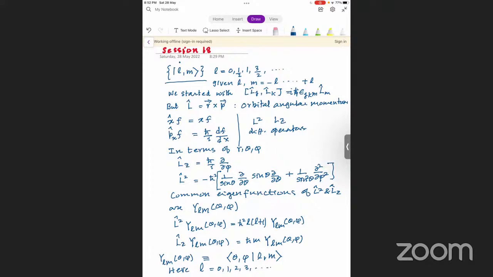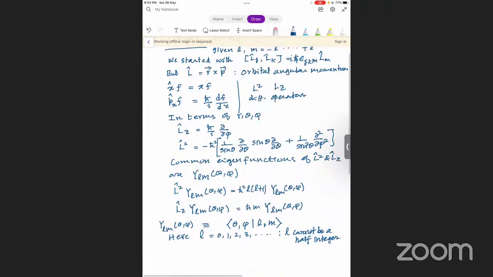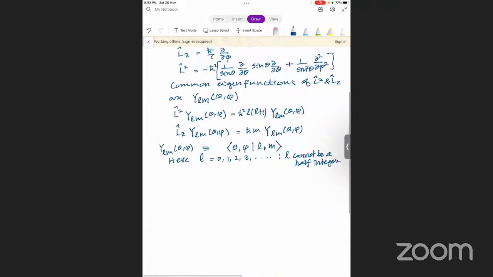Okay, so here L cannot be a half integer, whereas here we have got both half integers as well as integers. So we have solved this problem in two different ways.